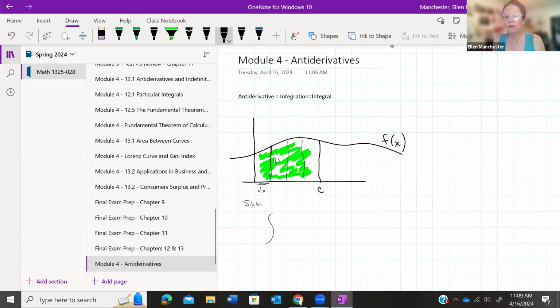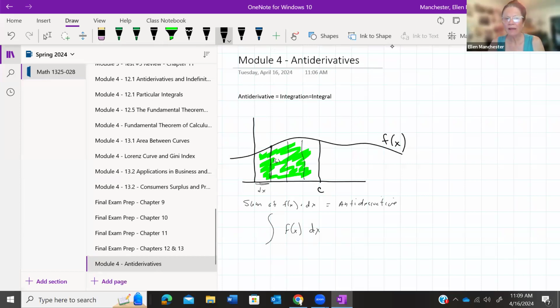Okay, so what I'm doing is I'm finding the area of each section, saying height times width, and then I'm adding that all up. So I'm getting the sum of the height times the width, and that gives me the area under the curve, which is the antiderivative.